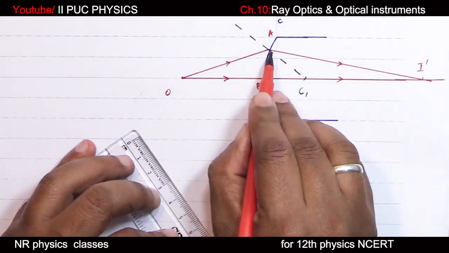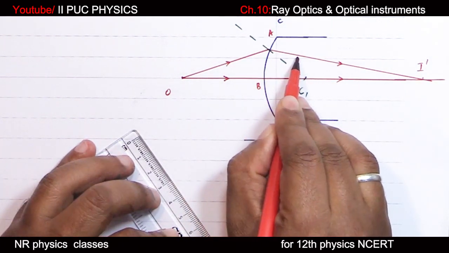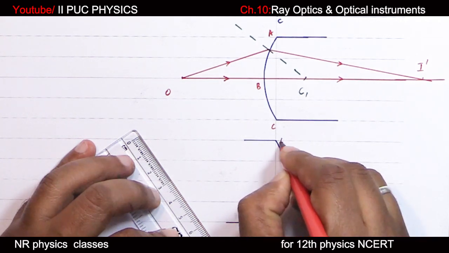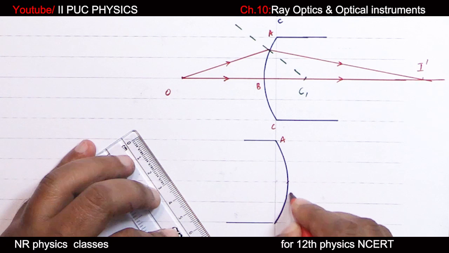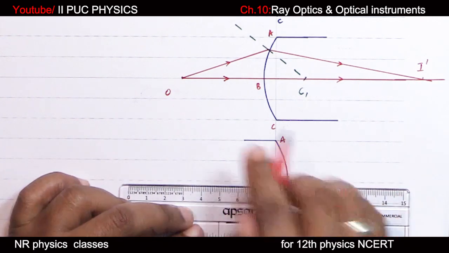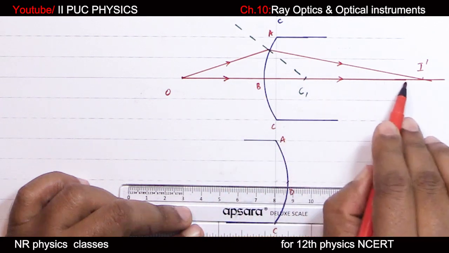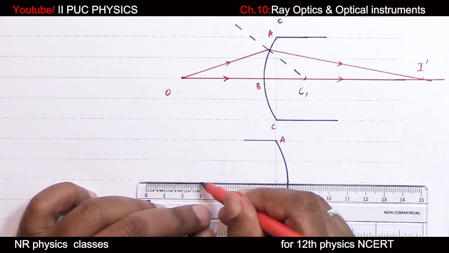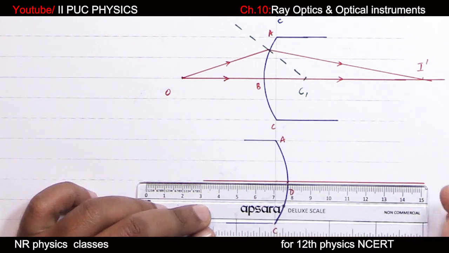Now, when this light ray is traveling, it encounters the second interface, ADC. Let me draw this ray along the principal axis. So this is the ray along the principal axis.